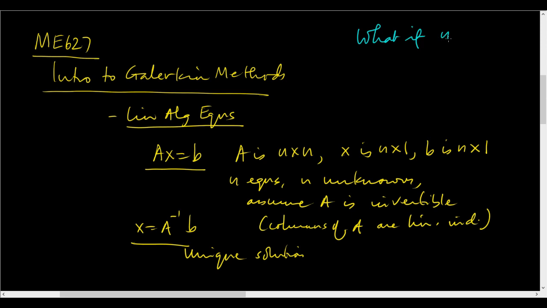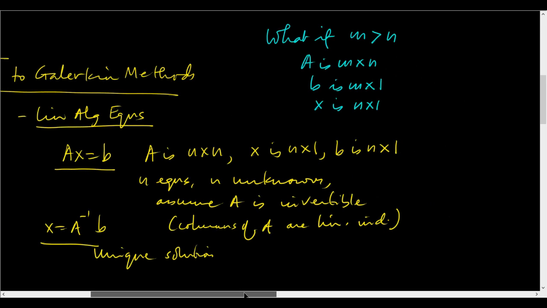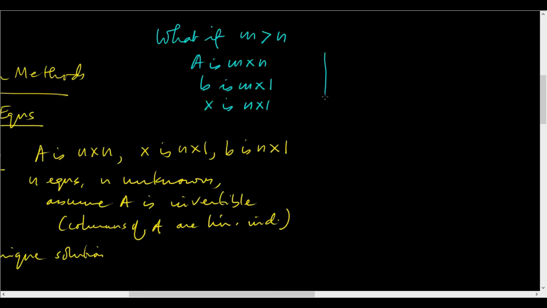m is greater than n, A is m by n, b is m by 1, x is n by 1. That means A looks like this, x looks like this, and b looks like this.